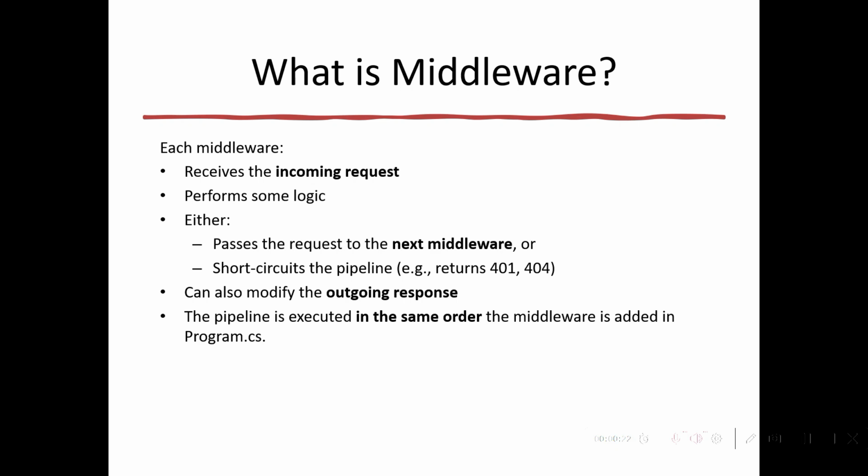So if we talk about an ASP.NET Core application, the request follows some pipeline where there are several middleware. Once a request comes to the server, it executes through the various middleware that are already there.